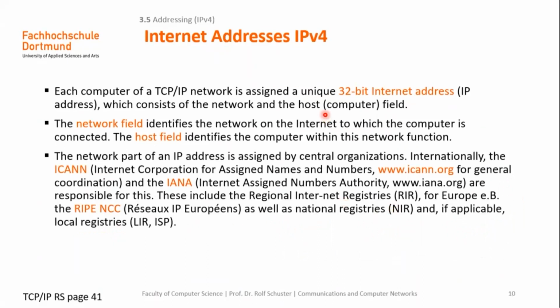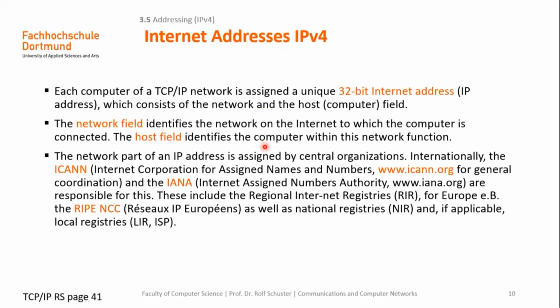Remember, the internet addressing implemented in IP version 4 is based on the assignment of a unique 32-bit internet address to each interface of hosts and routers. The upper bits of the address identify the network, and the lower bits identify the host.